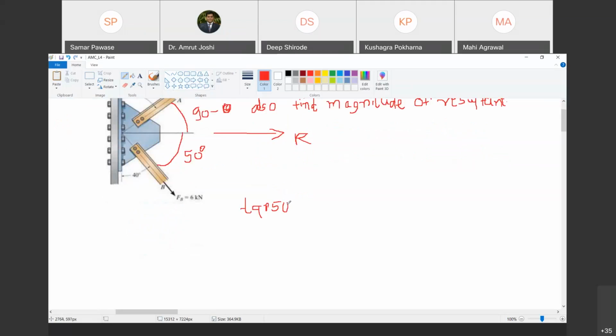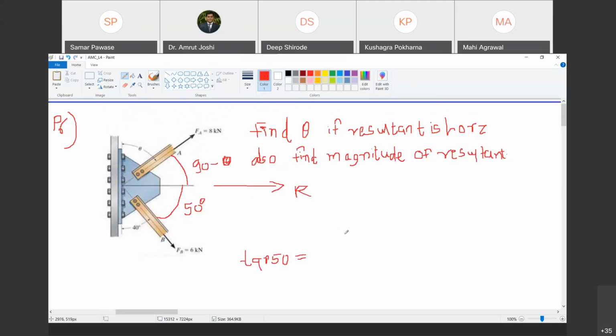Tan 50 degree is 8 sine theta here, now the addition of these two. So this total angle is 140 minus theta. So sine 140 minus theta, are you with me?